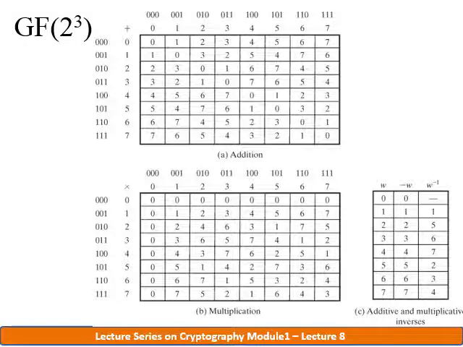Now in the same example, considering the previous example, I want to represent that in integers. If I take the value of x equal to 2 and whatever we computed in the previous tables, if I substitute that x as 2, then I am going to get this kind of addition table.